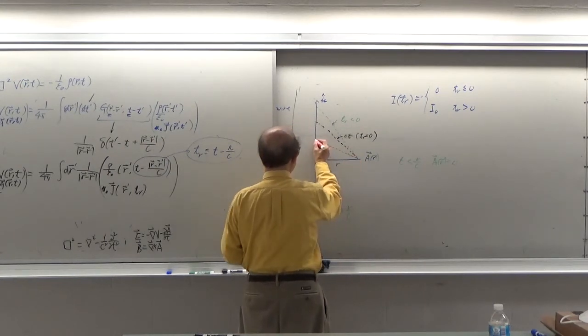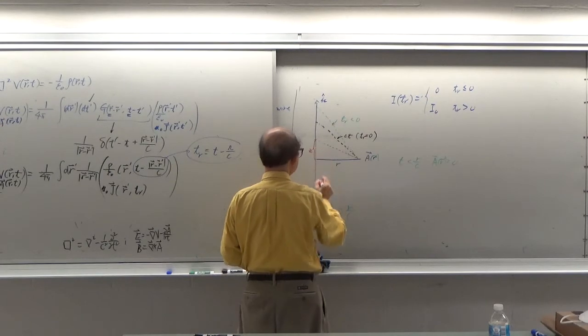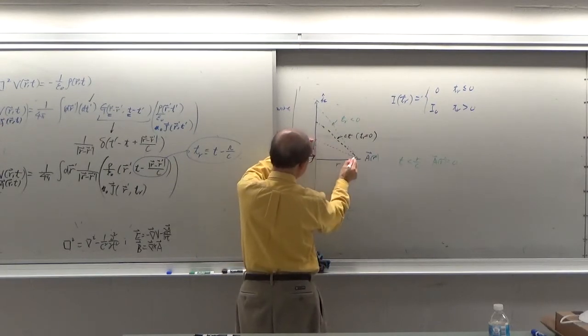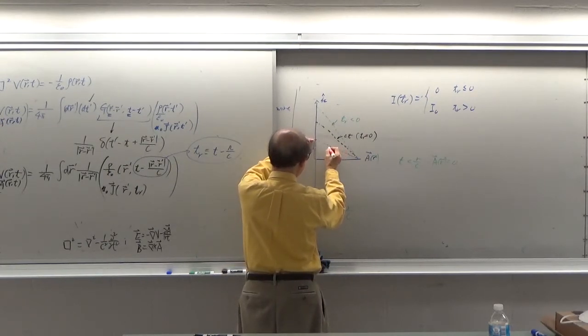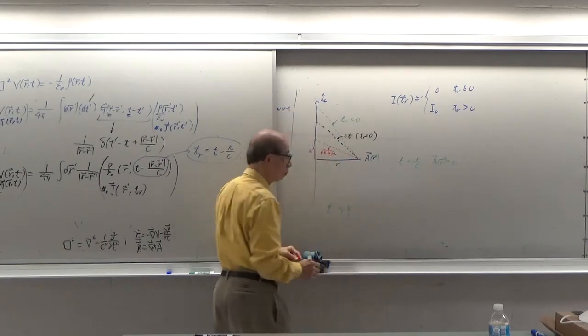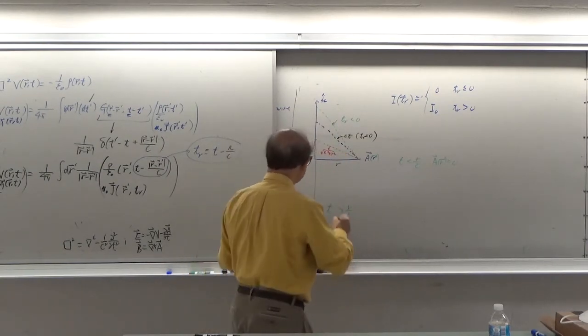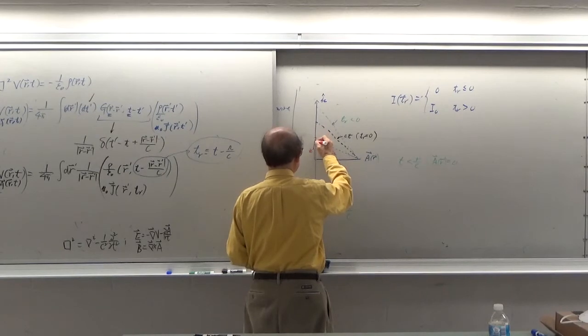Let me call this point to be coordinate z, so that this r is given by square root of z squared plus r squared. And let me call the length element dz.